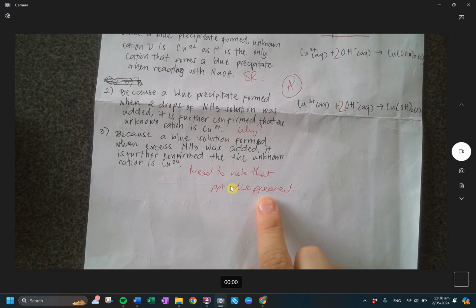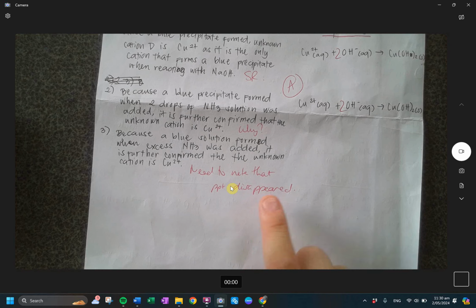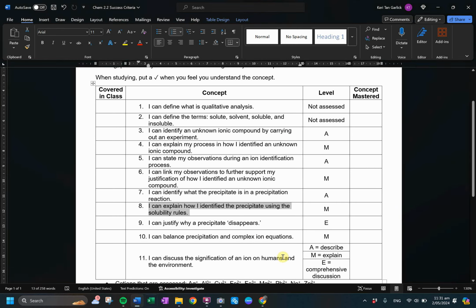And then you need to note why the precipitate disappeared, which is just that complex ions are soluble. That is an excellence requirement now for your justification. You need to tell me that the ionic compound has now formed a complex ion, and complex ions are soluble, therefore the precipitate has disappeared. Just keep these things in mind.